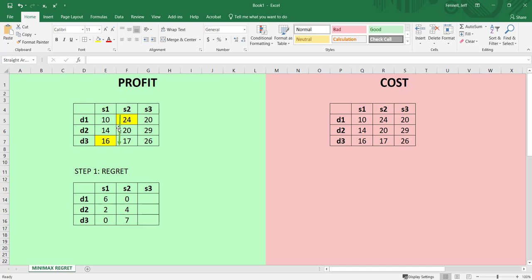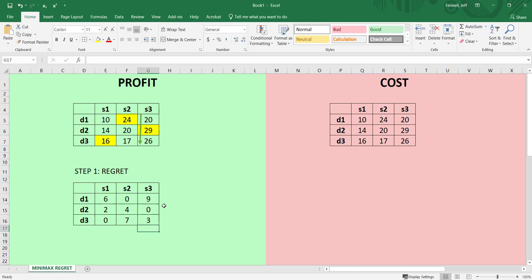And finally, we do that for the last option as well, again paying attention that this is the only method where I'm going column by column to begin instead of row by row. Here the best option is now 29, and doing our subtraction each way, the differences between 29 and the payoffs are 9, 0, and 3.